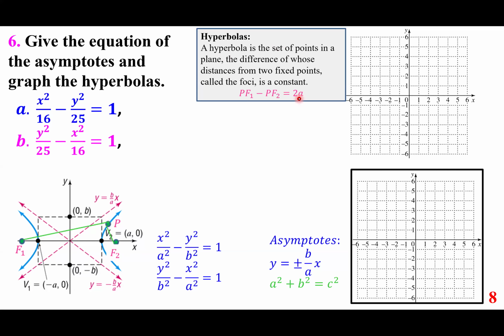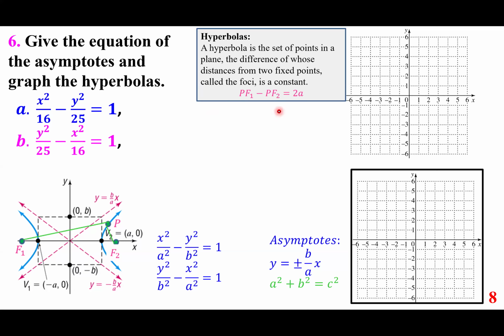And by the way, sometimes they use an absolute value because if you have doubts which one is larger, right? Because you could say PF2 minus PF1. Still, it's absolute value of 2a if you go with the distance. Because if you go with PF2 minus PF1 it becomes minus 2a. So that's why they put it in an absolute value to be on the same side.